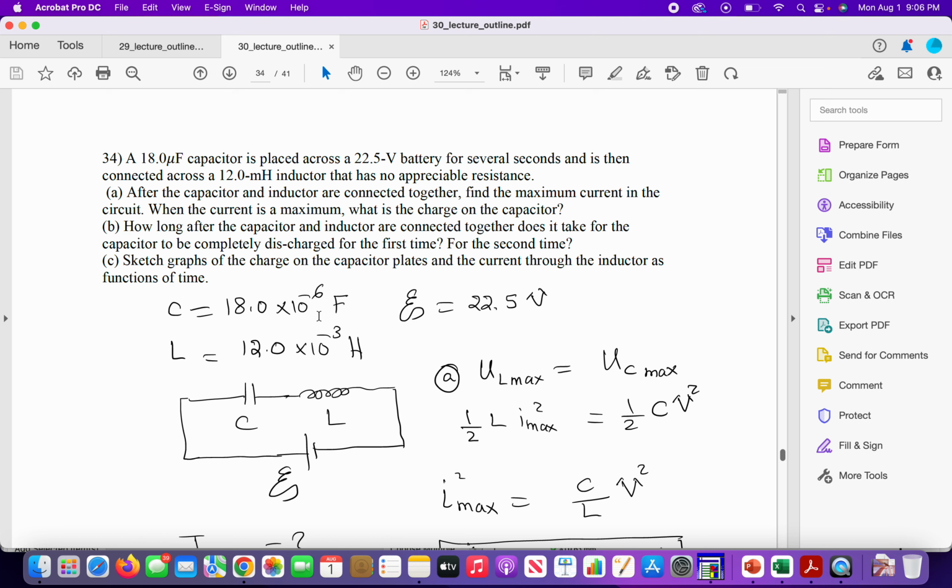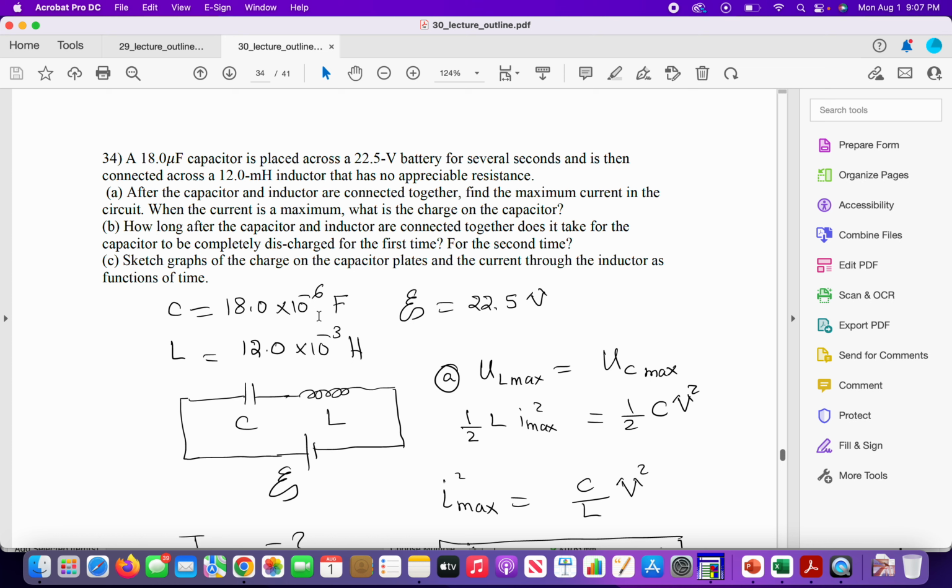The next one: an 18 microfarad capacitor is placed across a 22.5 volt battery for several seconds and is then connected across a 12 millihenry inductor that has no appreciable resistance. After the capacitor and inductor are connected together, find the maximum current in the circuit.